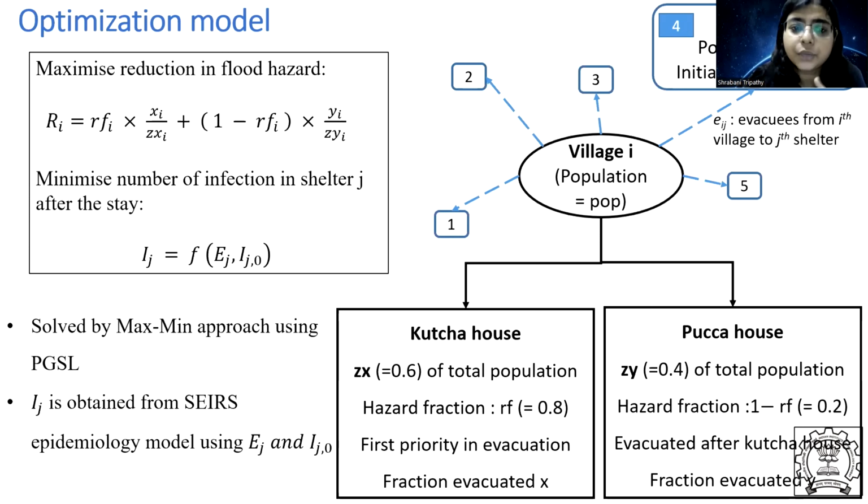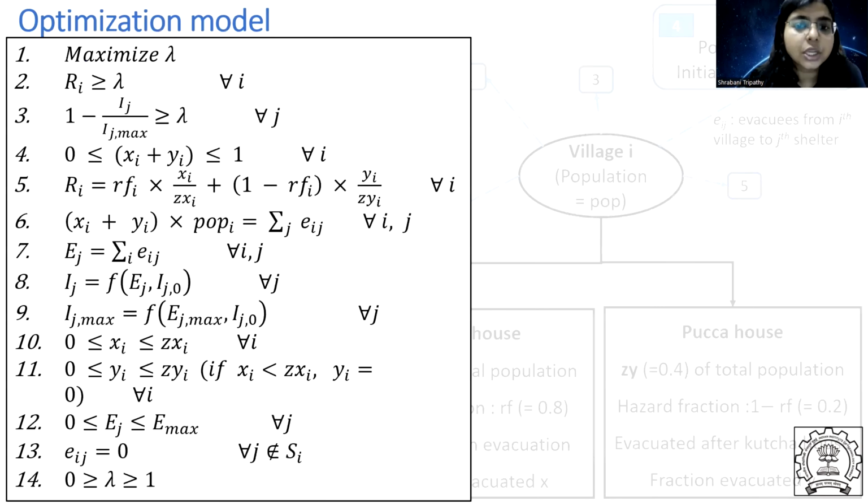So during the flood duration, the optimum number of people should be evacuated from one village to one shelter. This problem is solved using a maximum approach in PGSL, and the number of infections is calculated using a SEIRS plus model, which is an epidemiology model, which calculates the number of infections based on the total number of population in one shelter and the initial infection in the shelter.